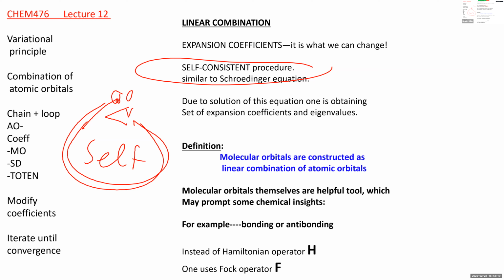We start from some maybe wrong molecular orbitals, and we slowly browse by making small variations of these molecular orbitals. So we do a steepest descent, same as we were doing for geometry optimization. We just browse in the space of expansion coefficients until we find a minimum. And it is called a self-consistent procedure.